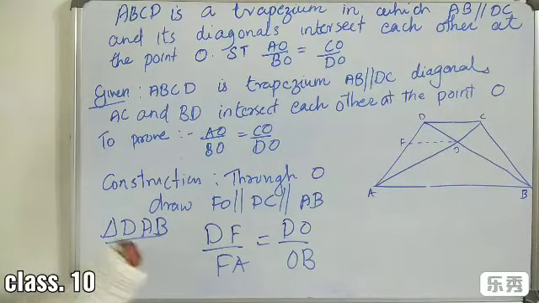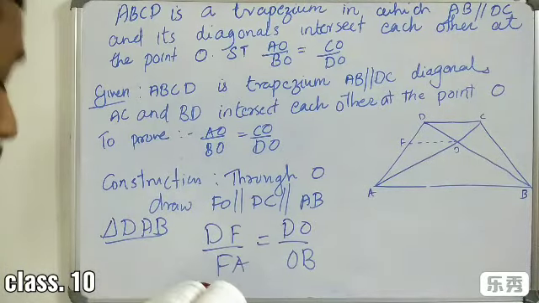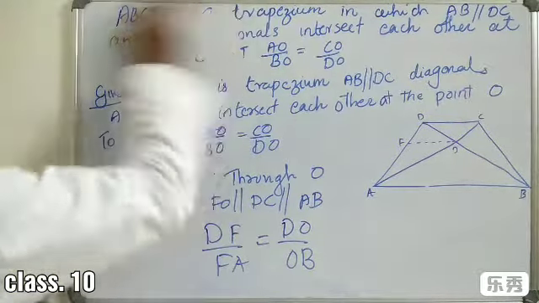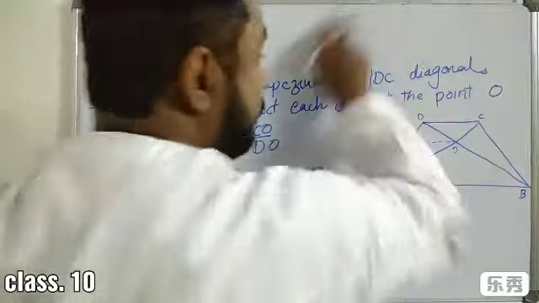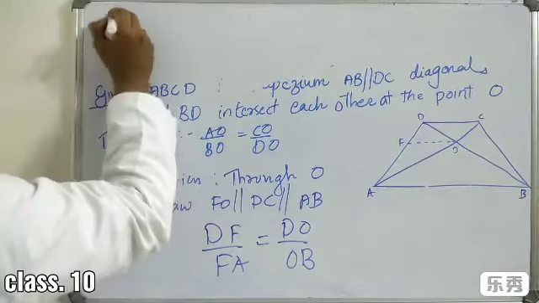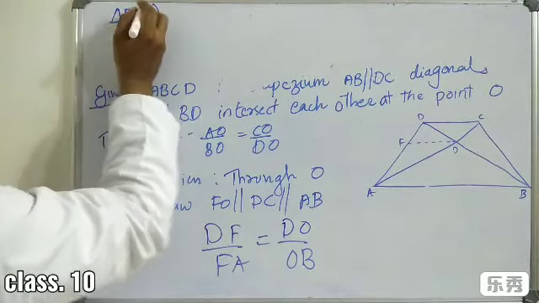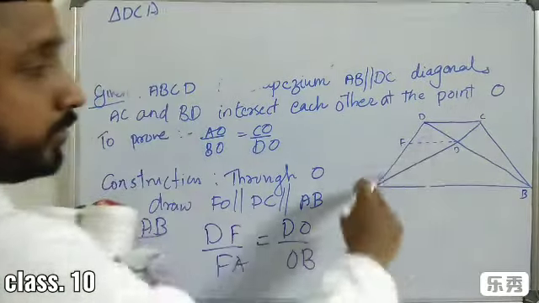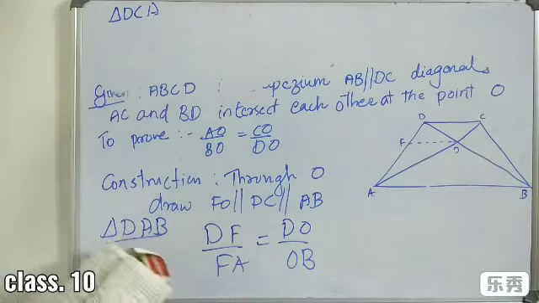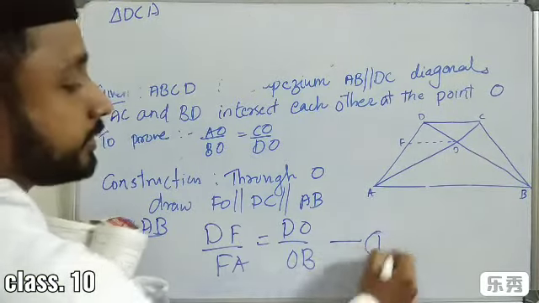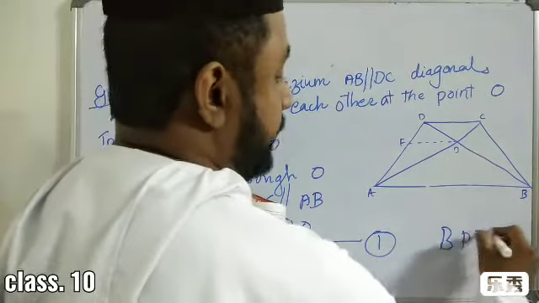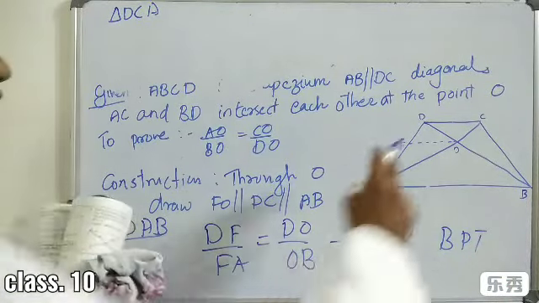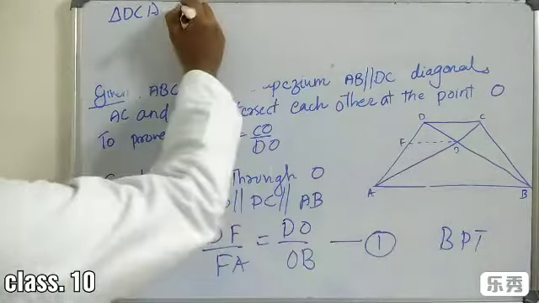Now consider triangle DCA. Here also FO is parallel to DC, so we can apply the basic proportionality theorem. Let us take the previous result as equation number 1. In triangle DCA, FO is parallel to DC.